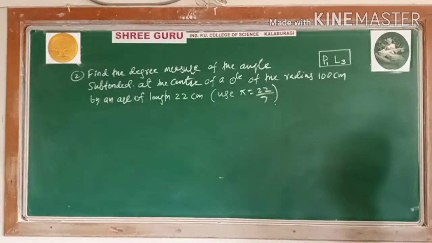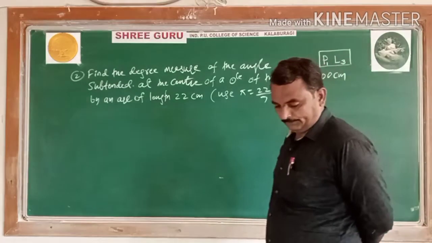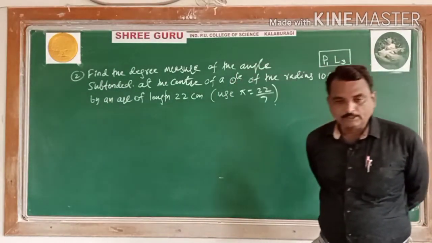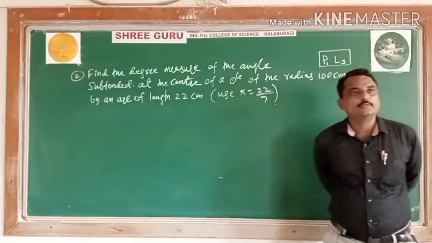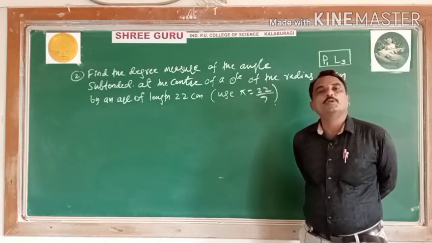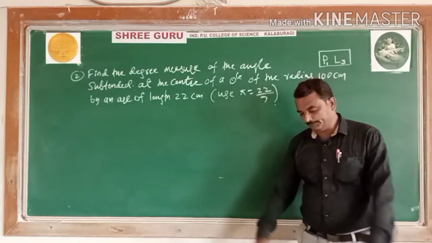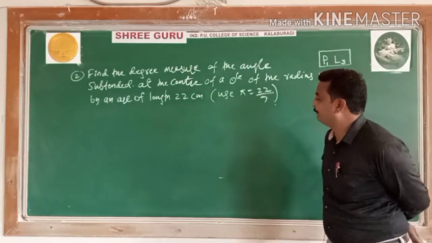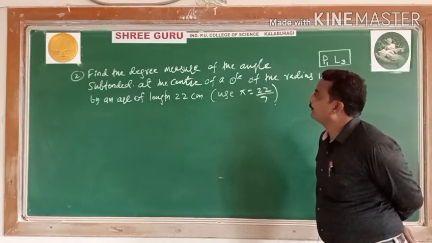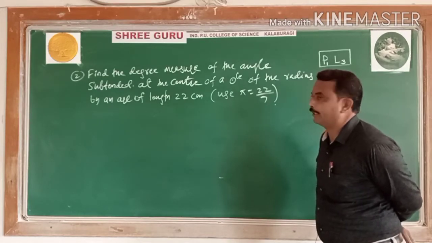Students, read the question first. Try to understand the given question. If the question is understood, then it is possible to answer it. If the question is not understood, then there is no question of an answer. Very simple it is. Find the degree measure of the angle.